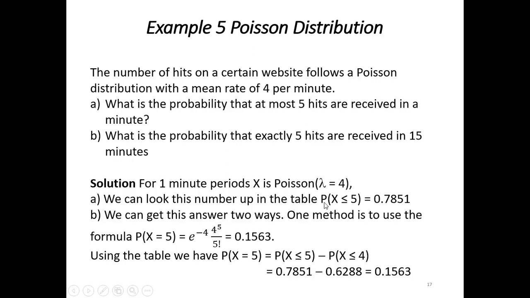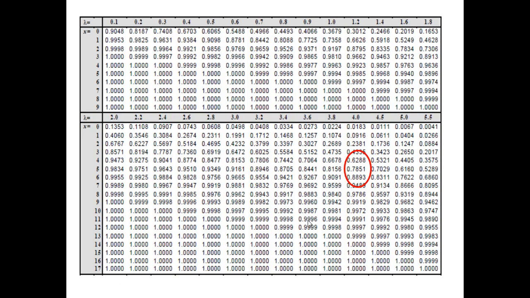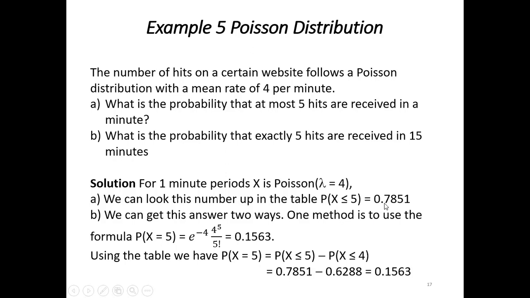We're interested in the probability x is less than or equal to 5. So we can look this up in the table. Here I've shown you the table. We find the value of lambda first, and then we find our x value is 5. So our answer here would be 0.7851. So that's how we get this number.